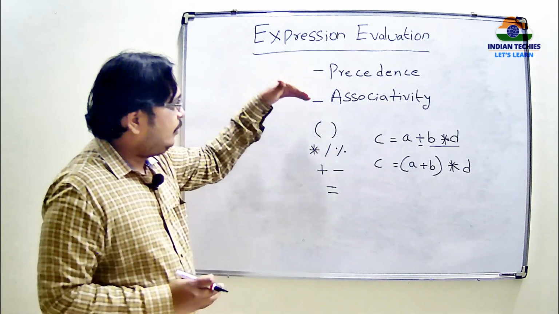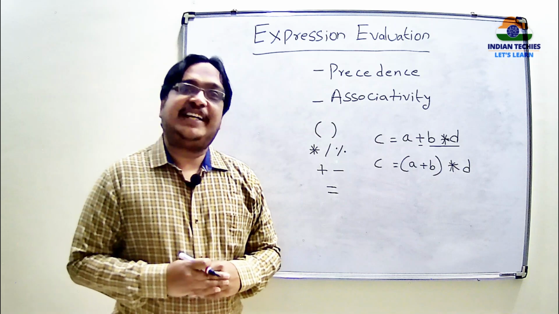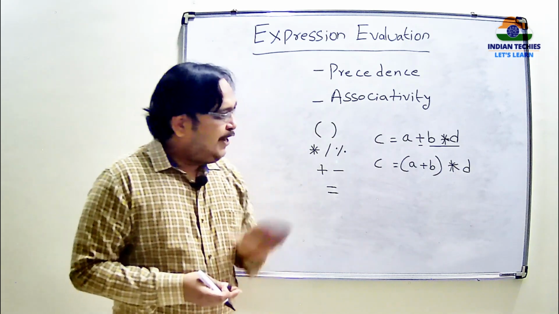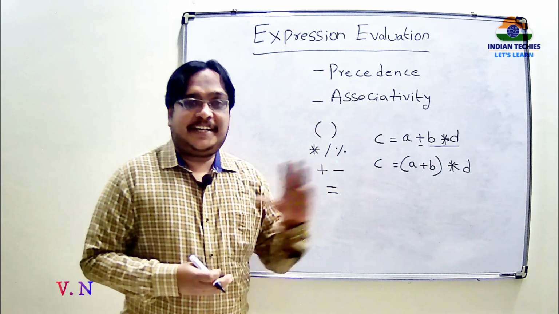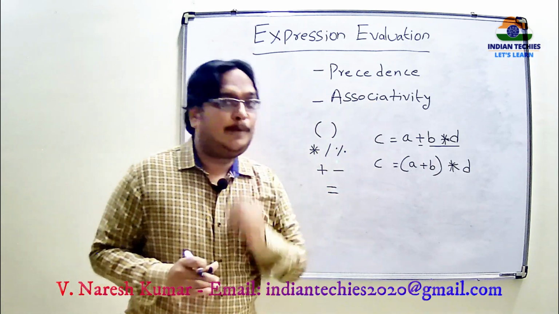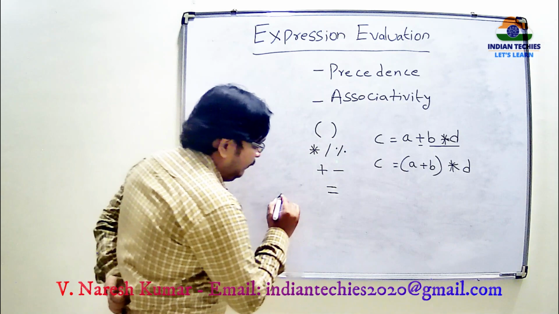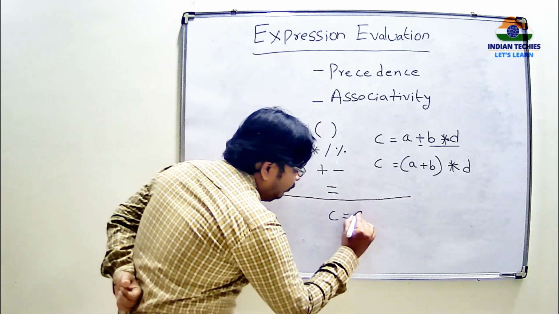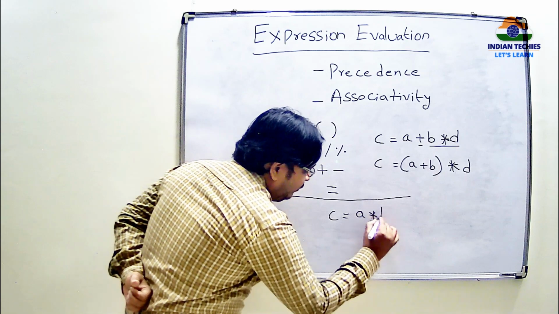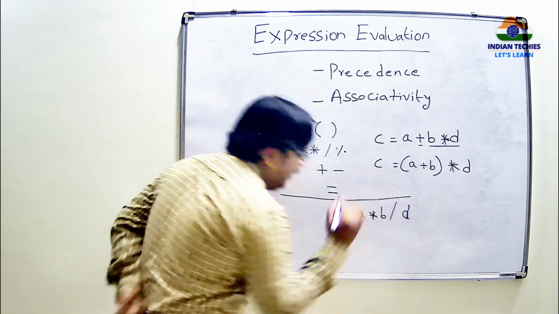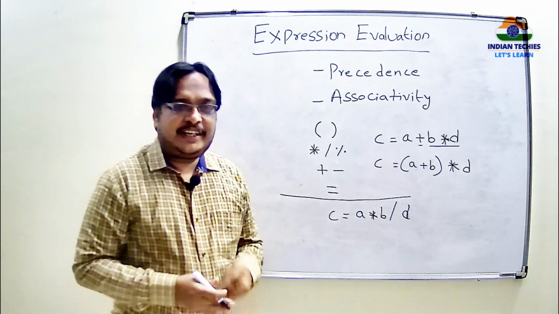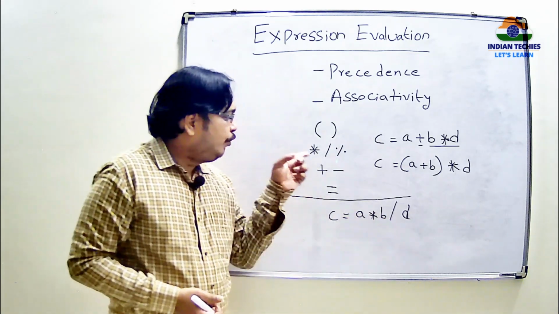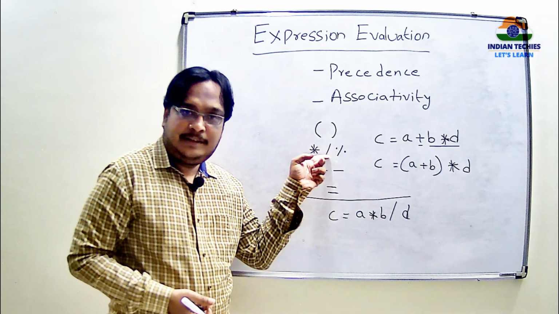Next, coming to the second topic, that is associativity. When you are discussing the precedence of operators, some problems come. For example, C is equal to A into B by D. Here, multiplication and division both have the same priority.